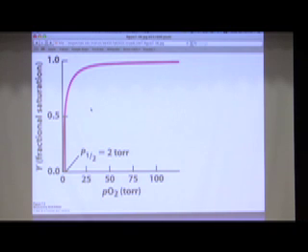This guy is really good at binding oxygen because it takes very low concentrations of oxygen to get 75 to 80% saturated. When I say 75 to 80% saturated, I mean 75 to 80% of the molecules have an oxygen. Each one binds 1. So 75 to 80% of the molecules have an oxygen at very low concentrations.